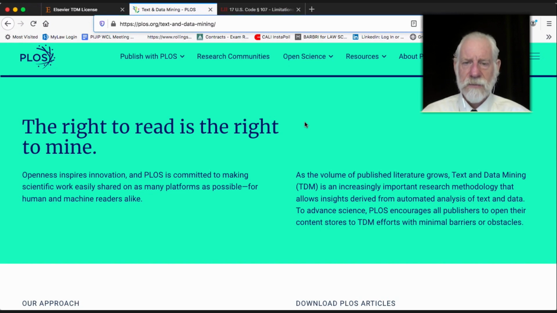As Sean mentioned, I recently finished my service on the board of directors of the Public Library of Science, which is one of the first movers in the open access publishing world. And you can see a completely different approach to how text and data mining is conceived in the open access publishing world, right? The right to read is the right to mine. All of these benefits come from this.